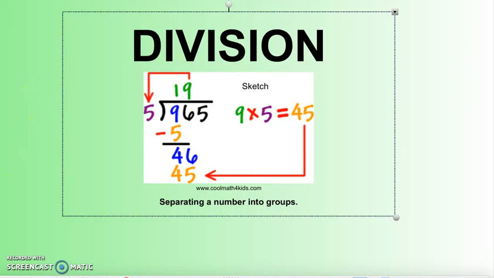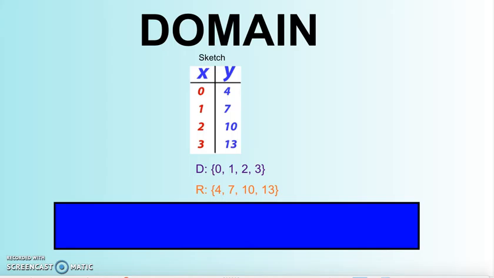Okay, next one, domain. What do you think the definition is for this? And D stands for domain, so that maybe will give you a hint on what to write down for a definition.